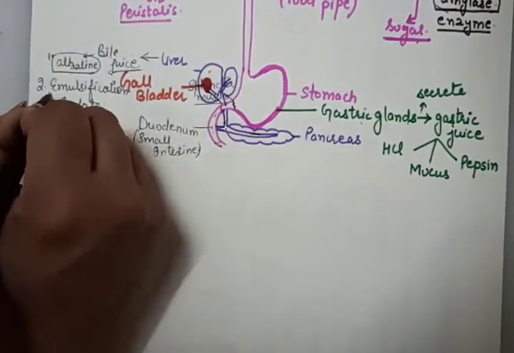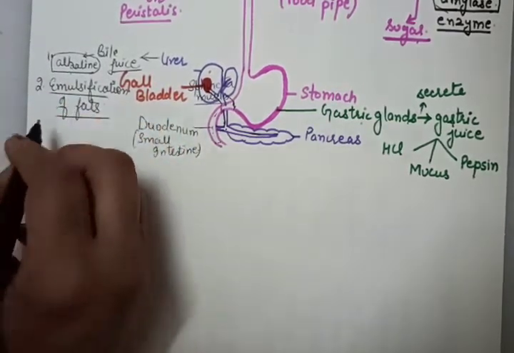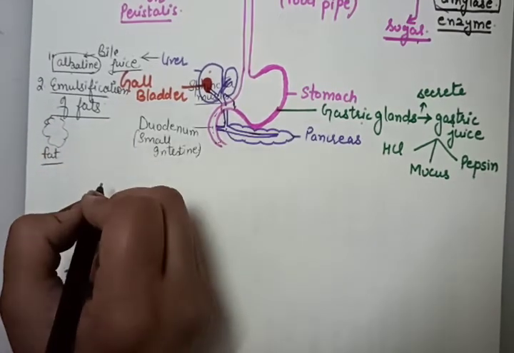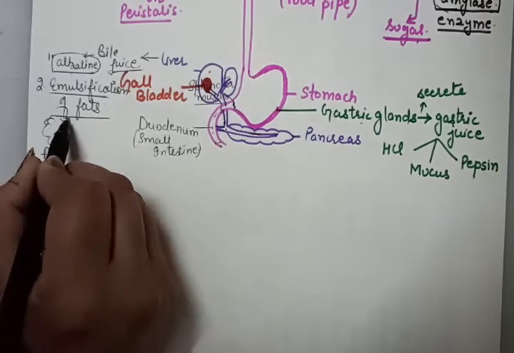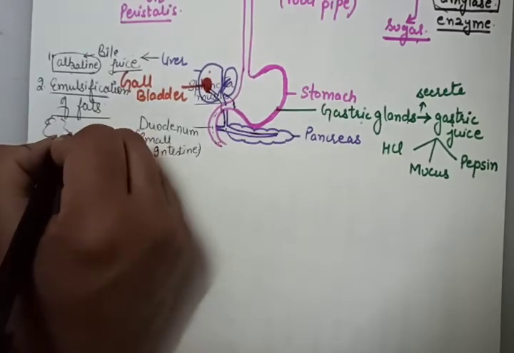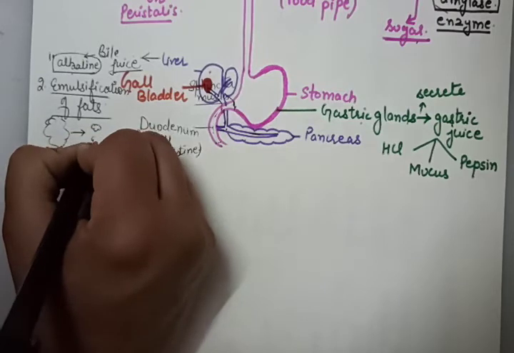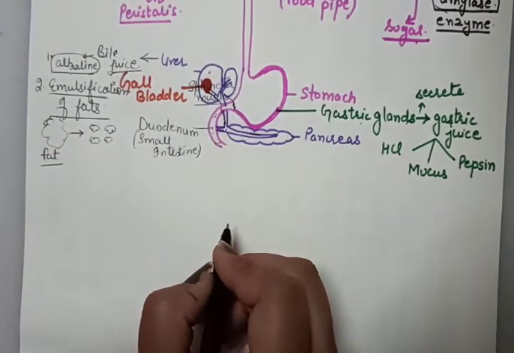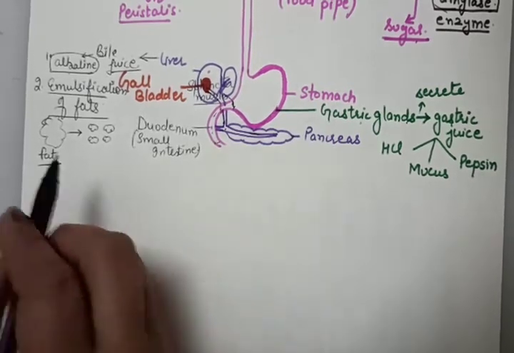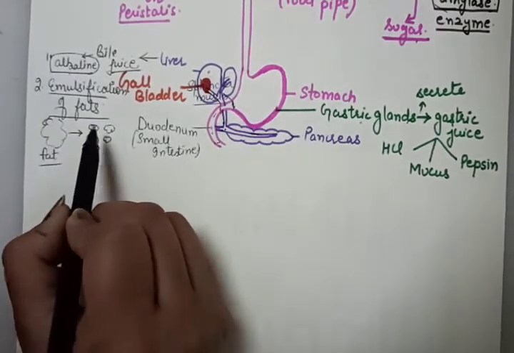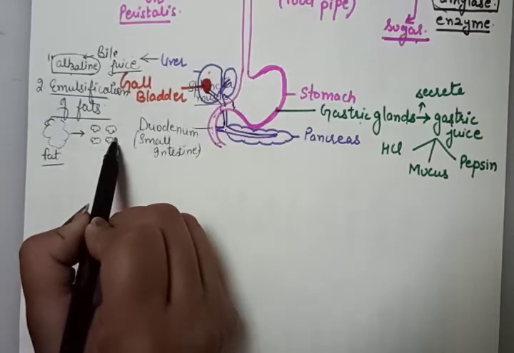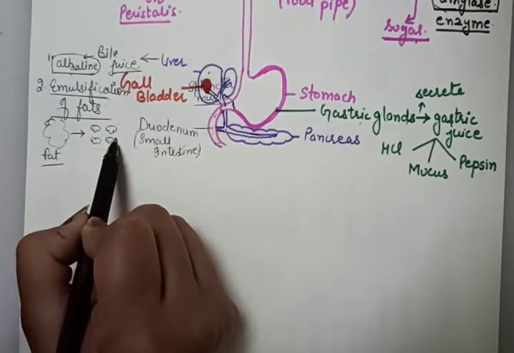What does emulsification mean? Emulsification means the breaking down of larger fat globules. Big molecules of fats will get broken down into smaller molecules. That is called emulsification of fats, so that these small molecules easily get digested.